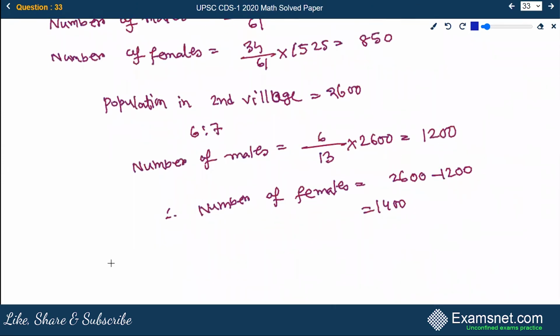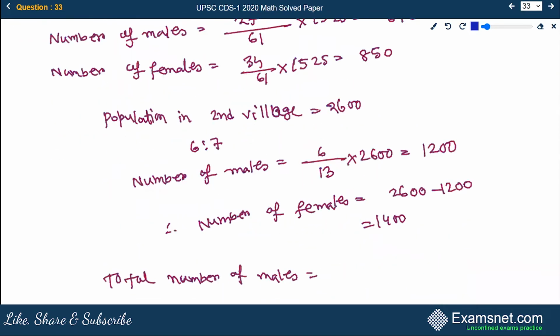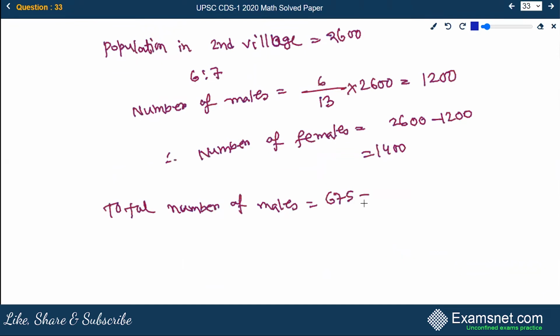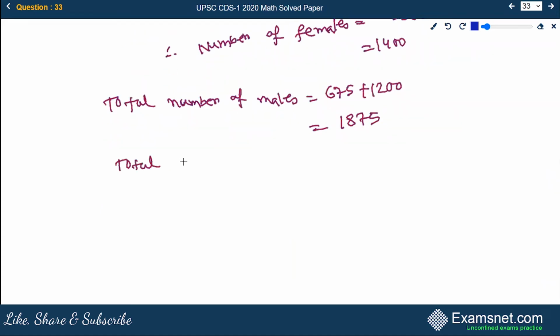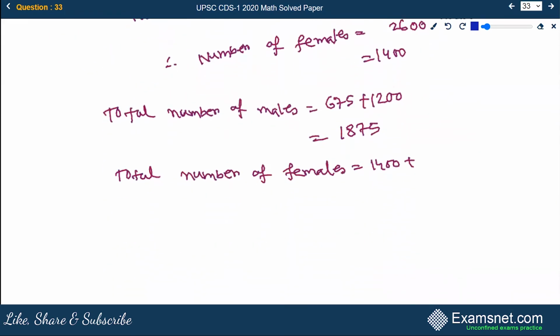So total number of males, that is here 675 plus 1200, it would result in 1875, and total number of females, 1400 plus here 850, so that would result in 2250.